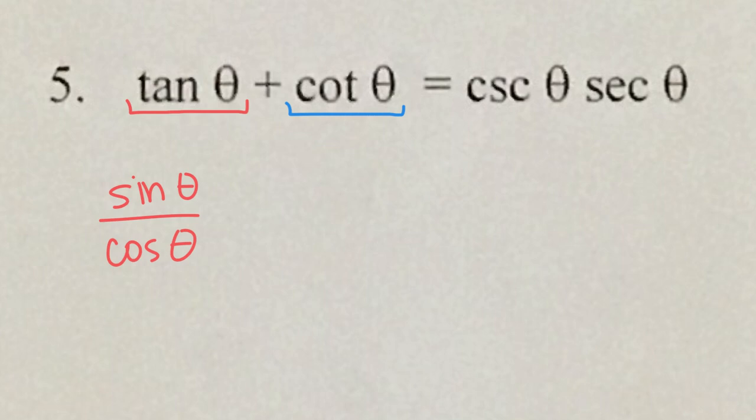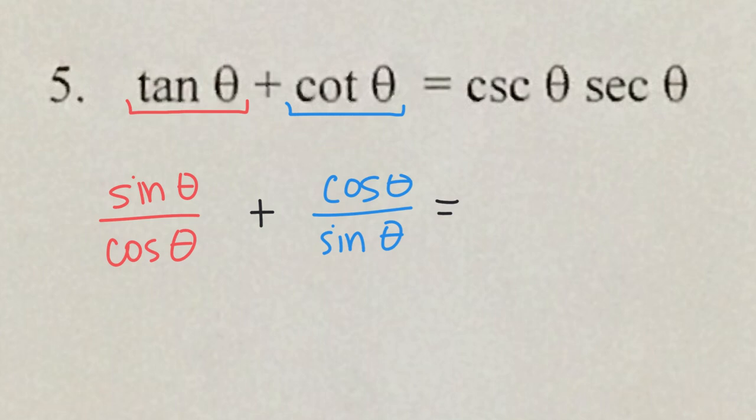Tangent is the sine of the angle divided by the cosine of the angle. That's what our tan says, sine over cosine. And cotangent is the reciprocal of the tan. In other words, it is the cosine divided by the sine. So that is our number one strategy for all identities, replacing everything in terms of sine and cosine.